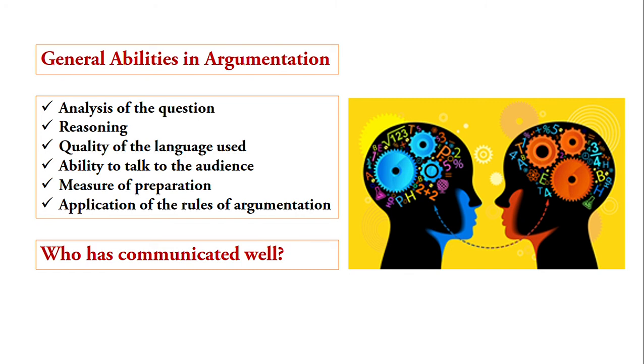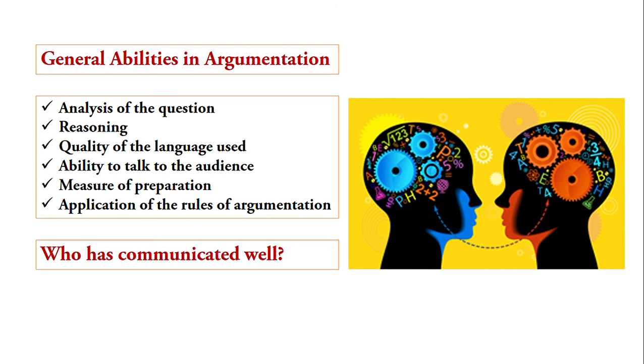Please also take note of these general abilities in argumentation. You need to be able to carefully analyze the question. You need to make sure that you have a strong reasoning power with you. You need to make sure that you use quality language in your speech. You need also to make sure that you have the ability to talk to the audience in your speech through the establishment of the so-called rapport or connection.